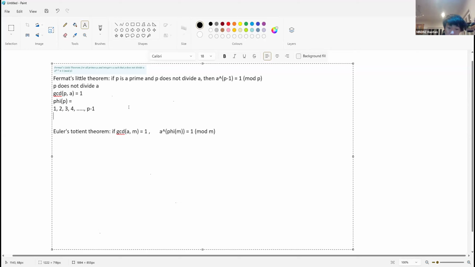For example, if we consider 7, how many numbers have a GCD of 1 with 7? Yep, it's 6. That's correct. Because 7 is a prime, the GCD of 7 with any of these numbers is 1.